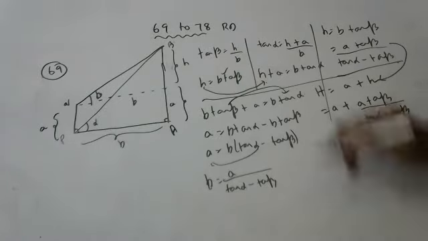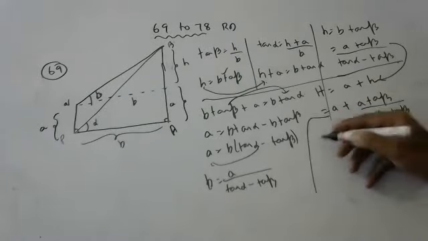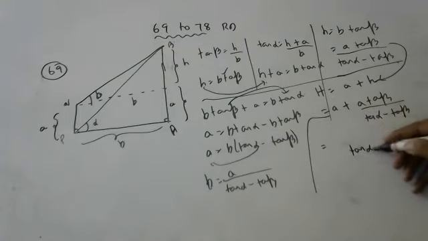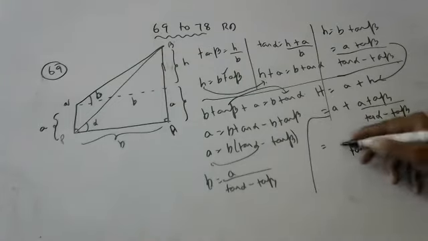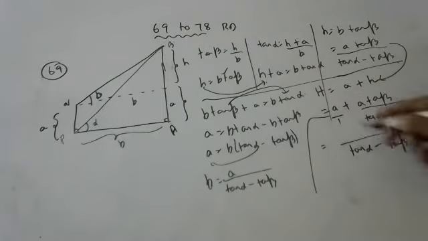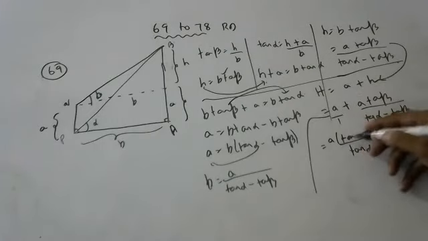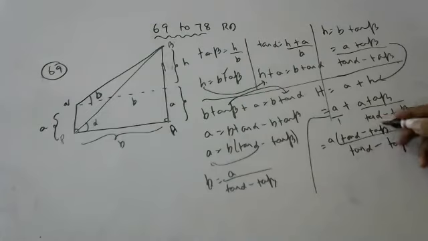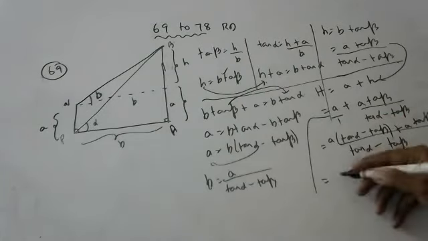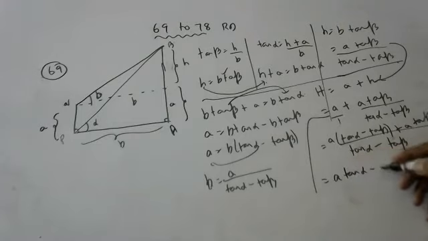LCM. What is the LCM, children? Tan alpha minus tan beta. So this is 1 into this: A into tan alpha minus tan beta, plus A tan beta. So what is the answer? A tan alpha minus A tan beta plus A tan beta by tan alpha minus tan beta.